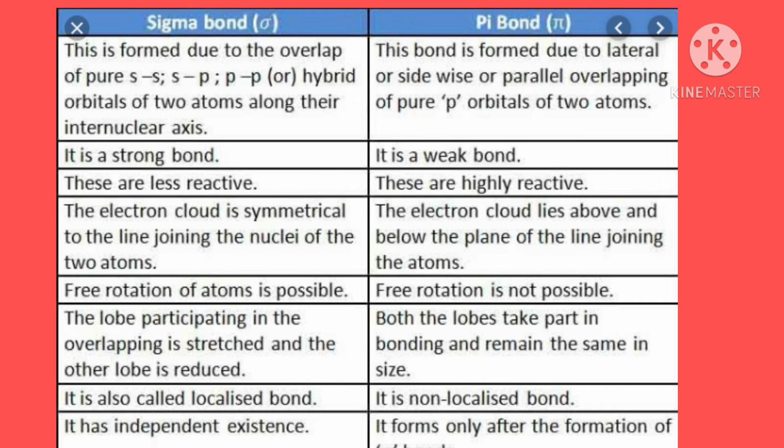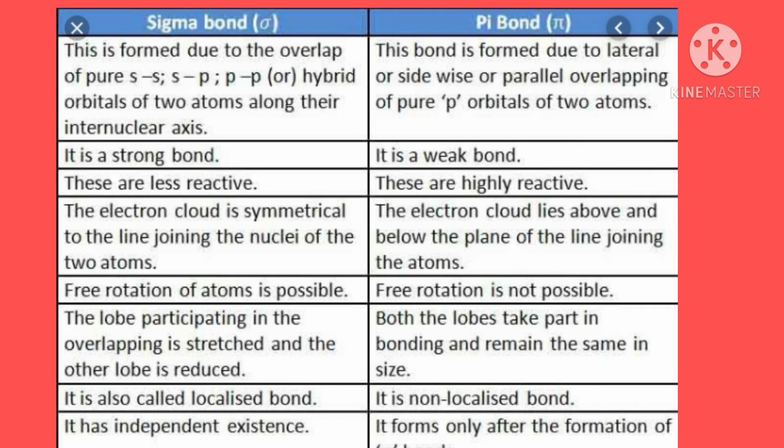Whereas a pi bond is formed due to the lateral, sidewise or parallel overlapping of p orbitals of two atoms. A sigma bond is a strong bond. As the overlapping is in a straight line or end to end, there will be a deep or closer overlapping. This gives strength to the sigma bond.